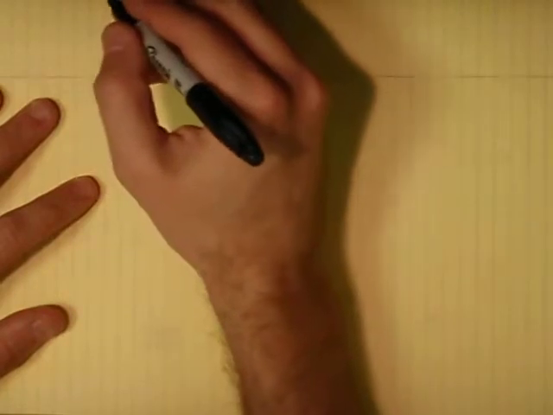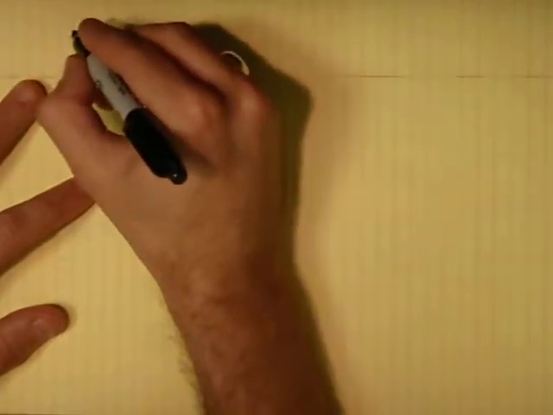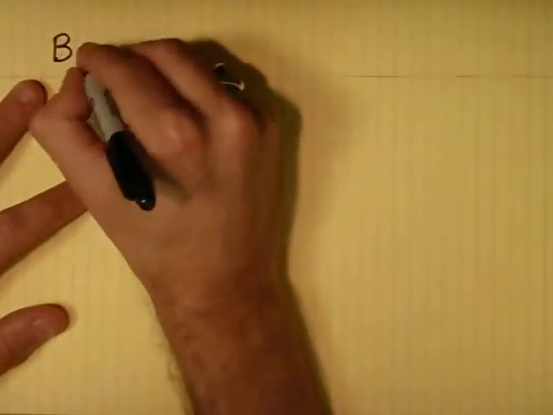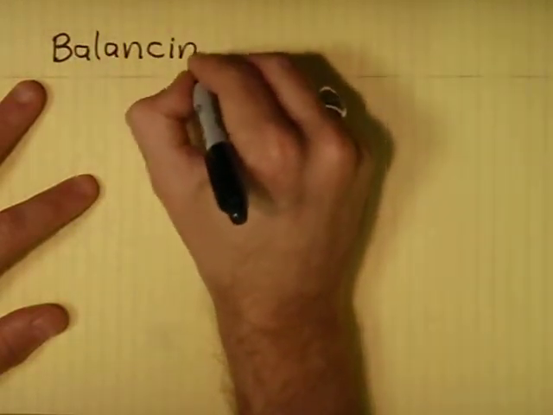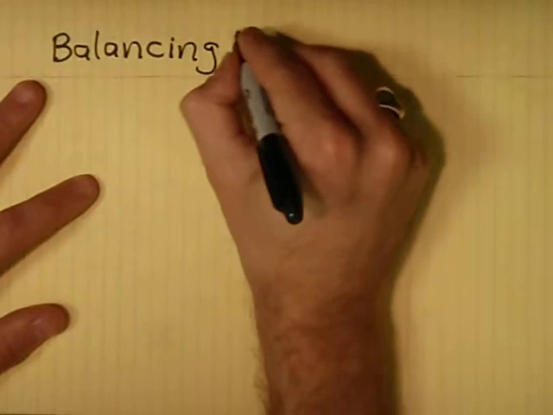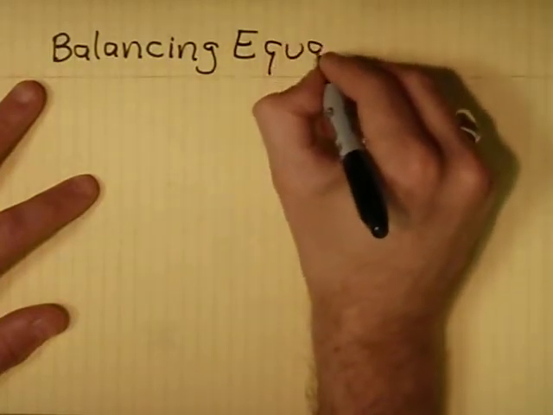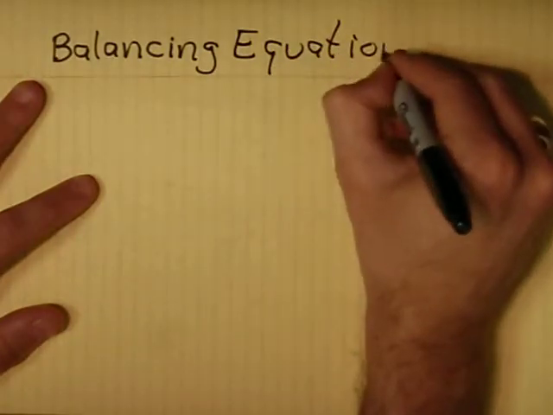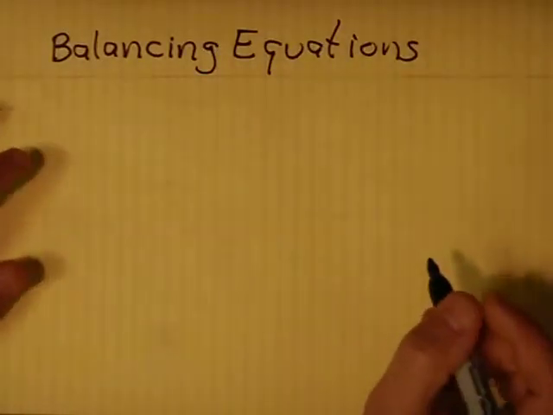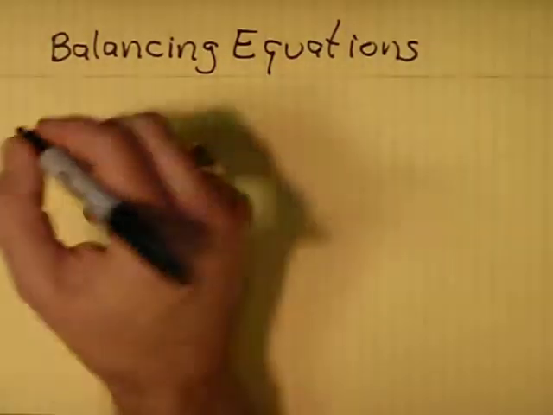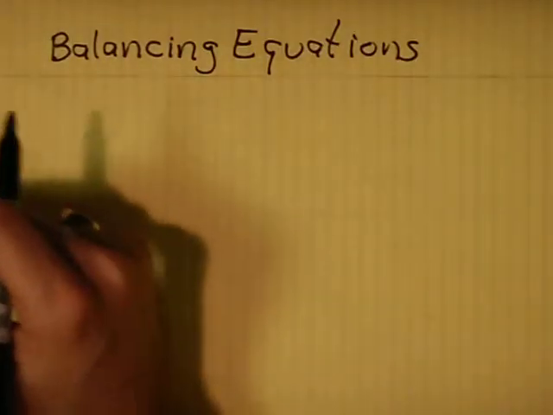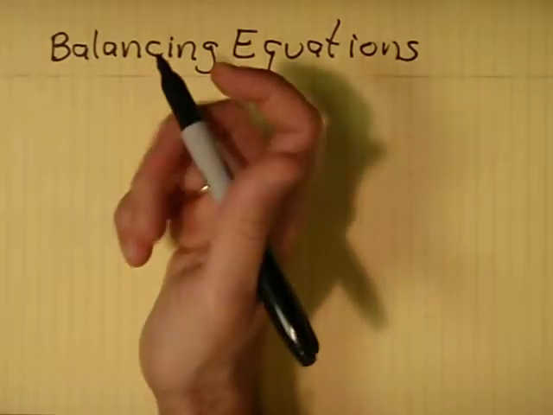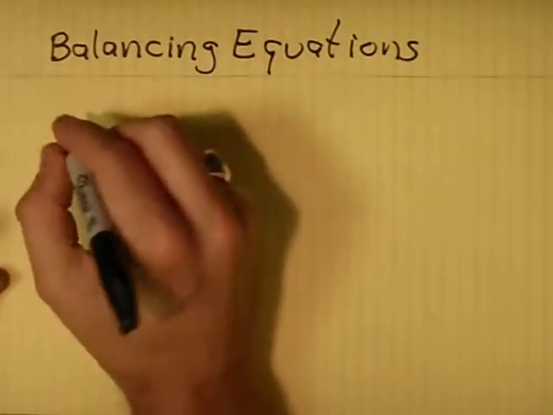Okay, so we are going to look at balancing equations. But before we do that, let's start just to review about kind of when we start with nomenclature and when we write out with chemicals, kind of what those mean.